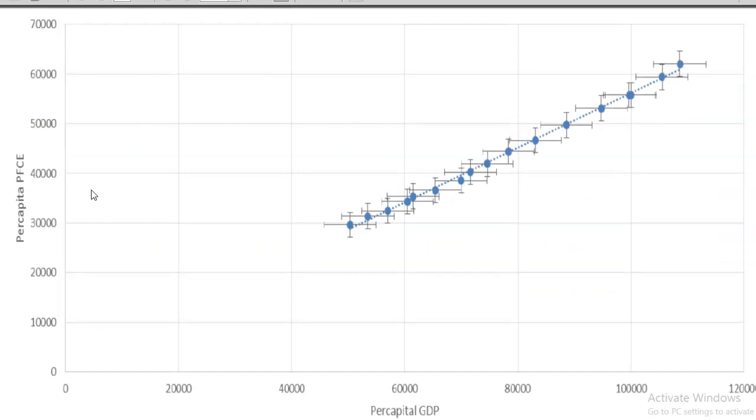You can see on the x-axis the per capita GDP, which is your independent variable, and on the y-axis the dependent variable, the private final consumption expenditure. When the GDP is increasing, you can observe that the per capita final expenditure is also increasing. This is the linear regression line. Okay.